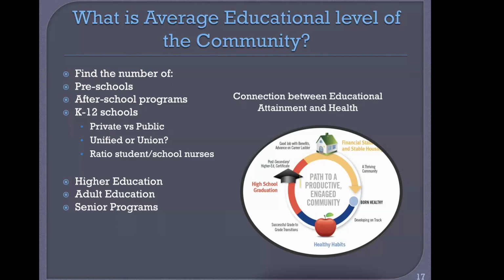Also, the Census Bureau, using the zip code, will give you graduation rates and rates of persons who have a bachelor's degree and higher. You can use Google Maps to find senior programs in the zip code. So look at the slide and look at the requirements for your community assessment.